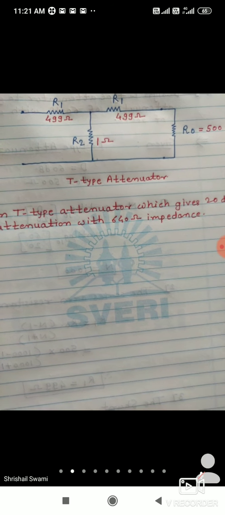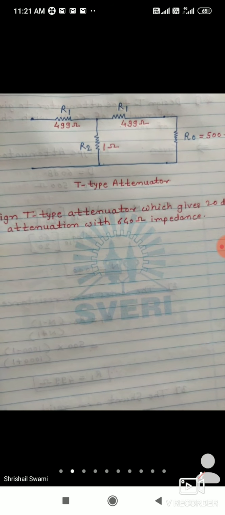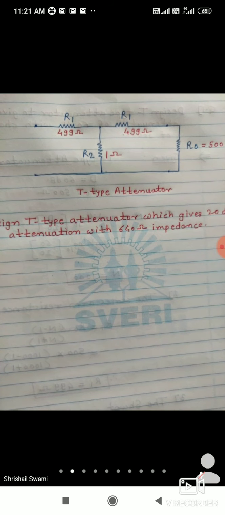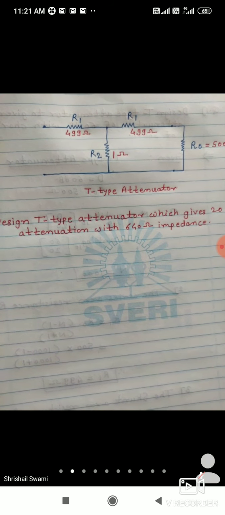This question was asked in 2015 in the Solapur University exam for 4 marks.